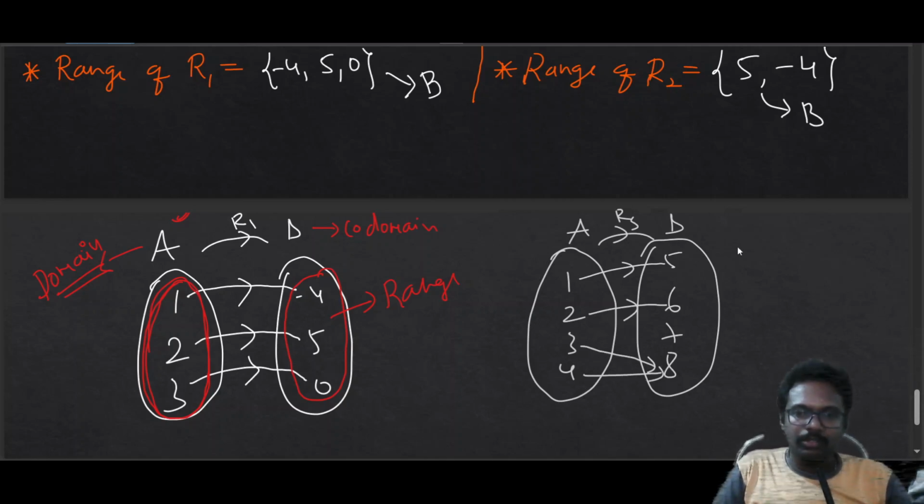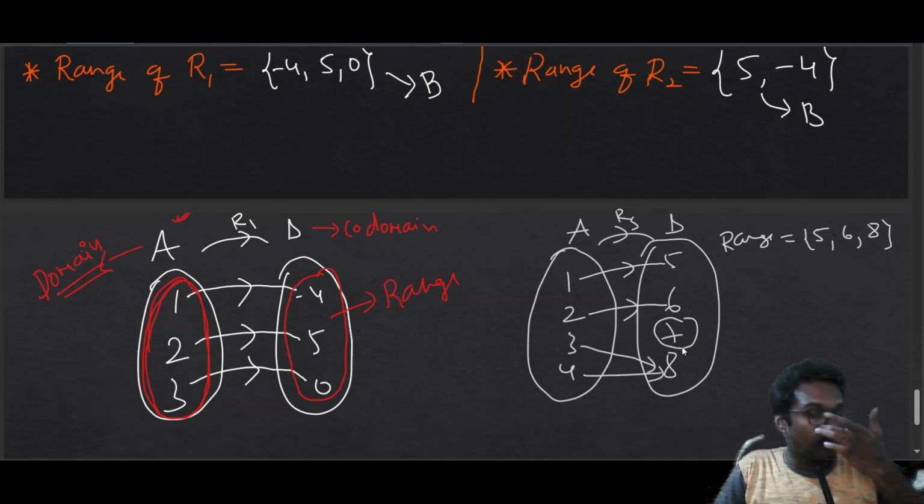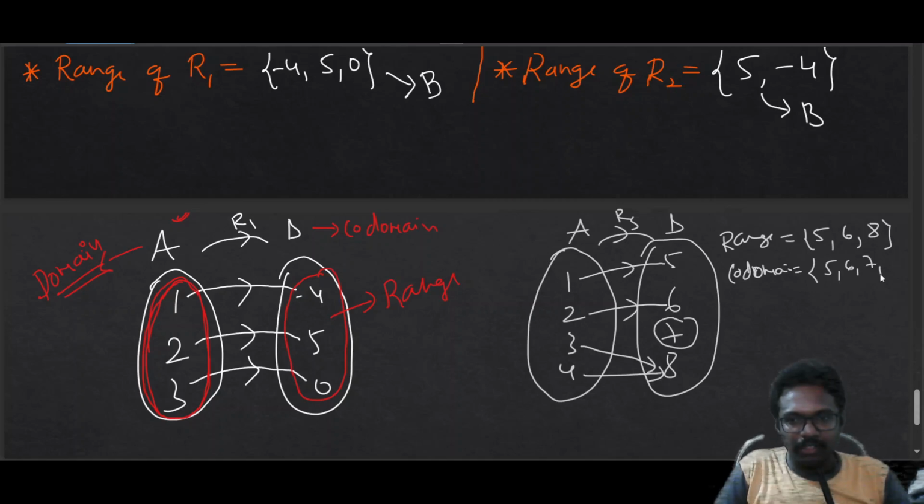Now the range is 5, 6, 8. So 7 is not used. If 7 is not used in the second set, it does not come under the range. The codomain here is 5, 6, 7, 8.